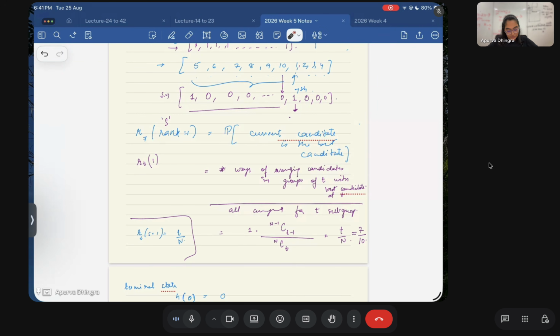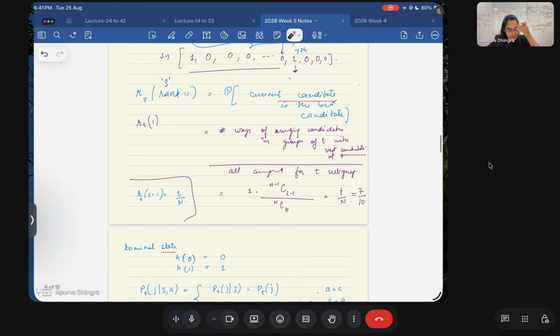Okay, so this is our formula for the reward, that is t by n.